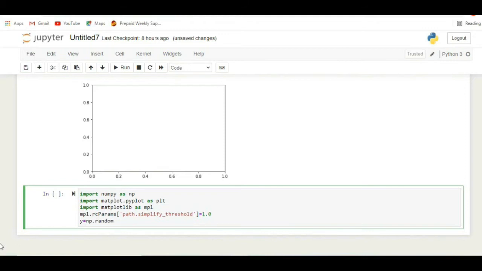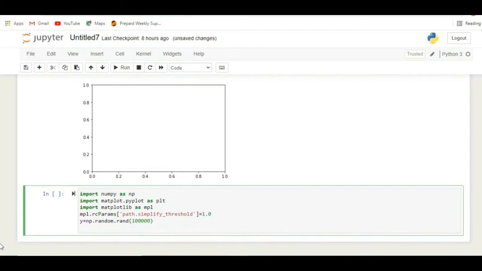Now y = np.random.rand(100000), in the same way as in the previous code, but with a little difference.